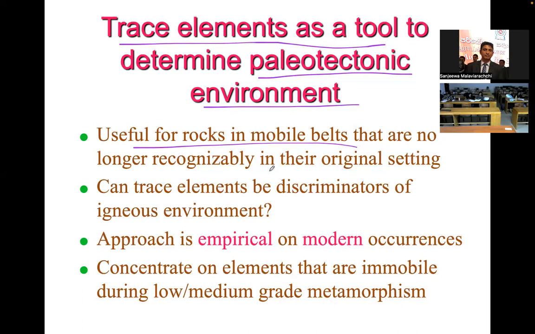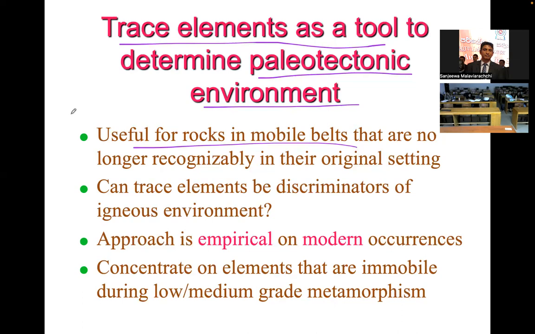A lot of changes have happened, but still, since metamorphism is what we recognize as a closed system behavior, a closed system process, the rocks should be showing some features of their protoliths by geochemistry, right? So that's why we take even metamorphic rocks to find out their protolith information using these trace element geochemistry approaches.